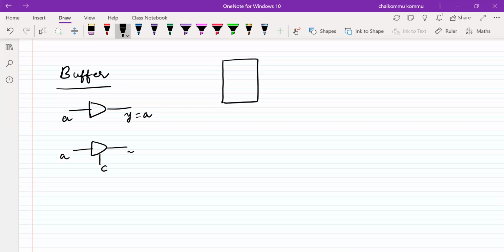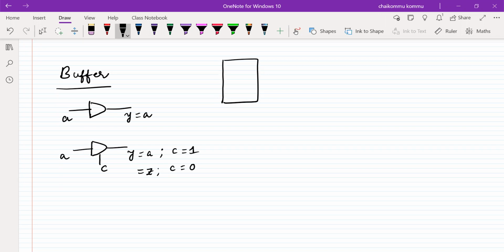So Y is assigned to A, provided that C is equal to 1. The output will be in high impedance state, provided C is 0. So which buffer do we have to consider? A tri-state buffer.